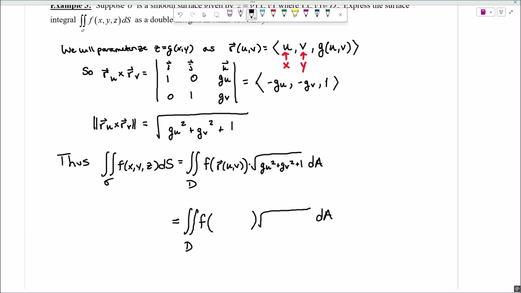I could rewrite it back in terms of x's and y's. For example, this partial of g with respect to u should be exactly the same thing as the partial of g with respect to x. Similarly for the partial of g with respect to v, that's the equivalent to the partial of g with respect to y.